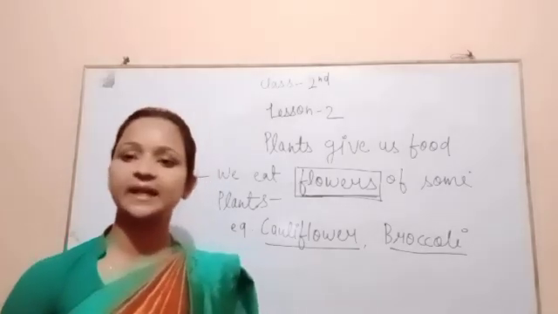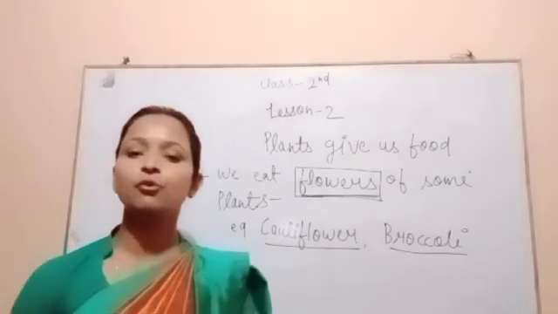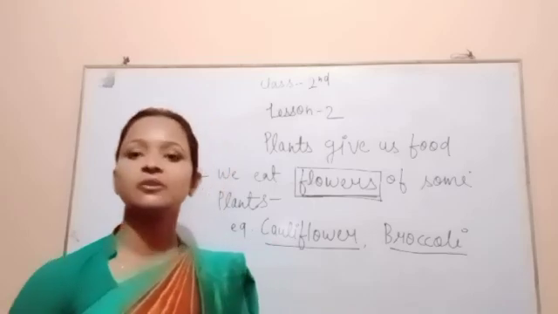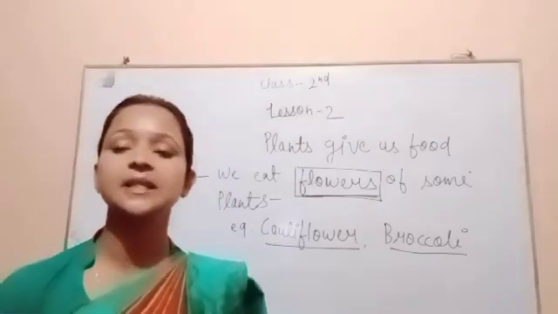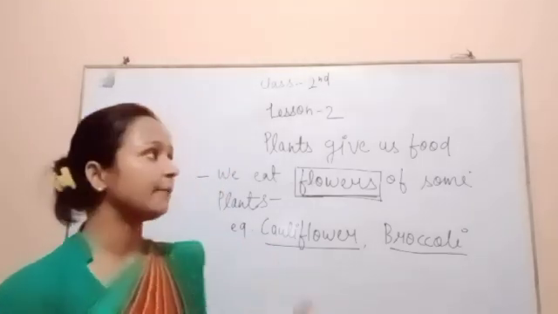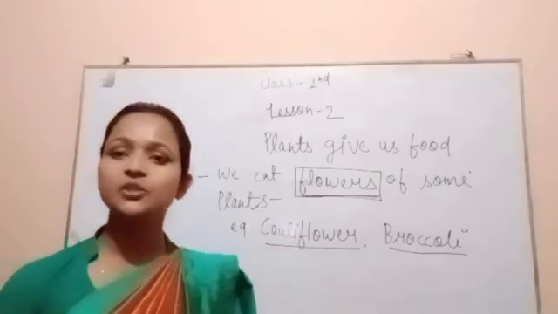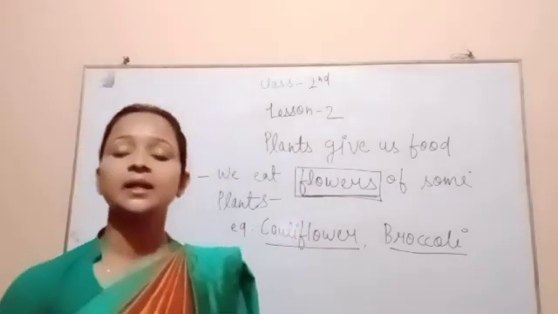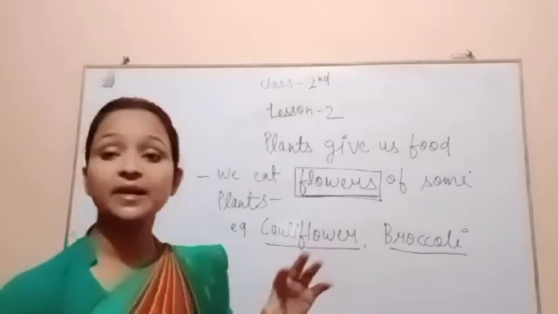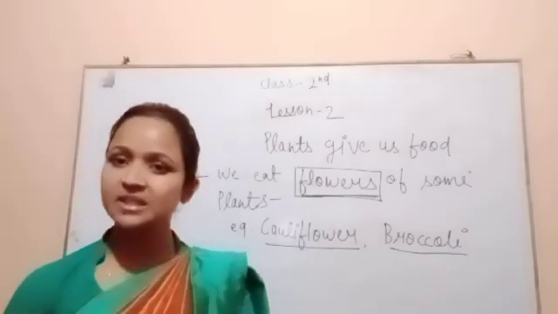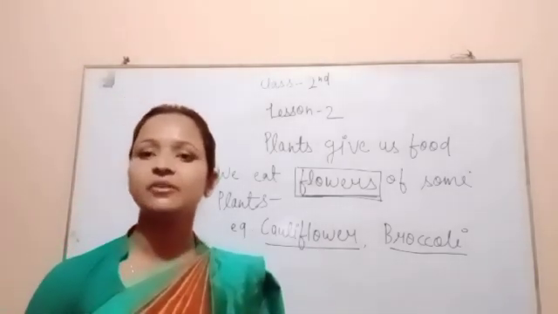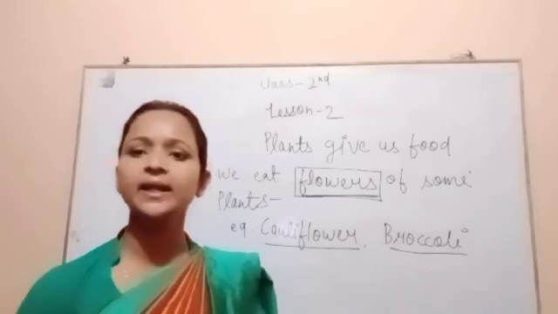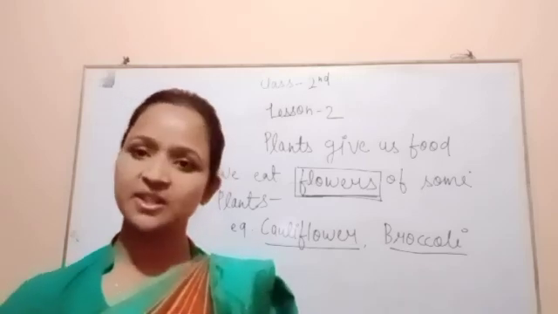You will draw the diagram of the 5 fruits and 5 vegetables in the GSC copy, where you will write chapter 2 on the last page. You can draw the names and diagrams of the 5 fruits and 5 vegetables in your copy. So till here you will take revision.